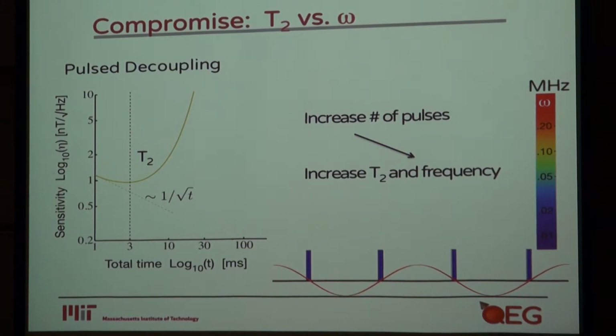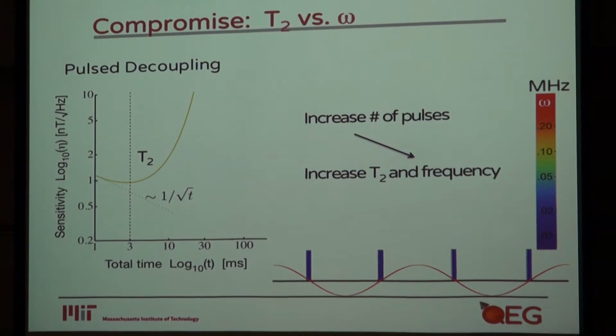So what I can do to try to go beyond this limitation is to apply some of these decoupling sequences. Instead of just one pi pulse, I can apply an extra pi pulse, and hopefully this will give me slightly better coherence properties. Typically, what I can do is refocus not only completely static noise, but also noise which is fluctuating at a time scale comparable with the distance between my pi pulses.